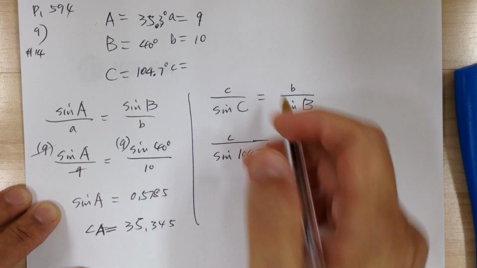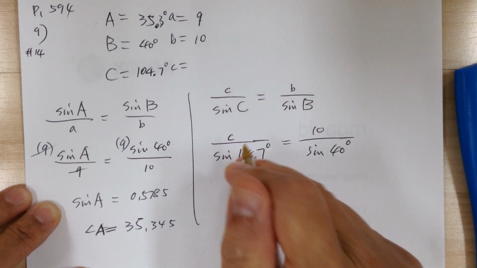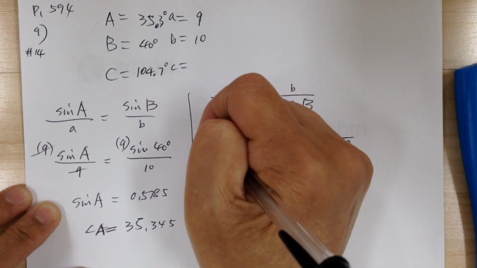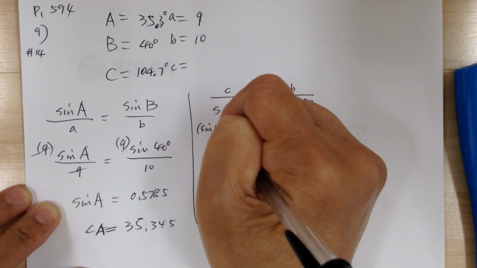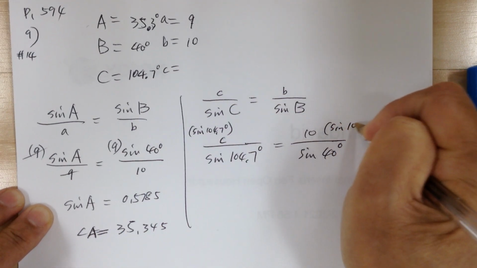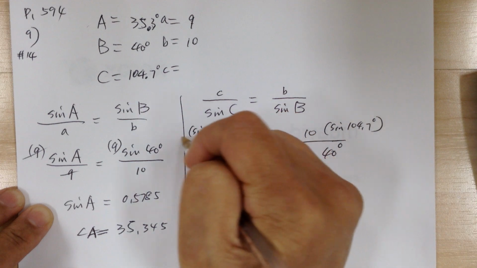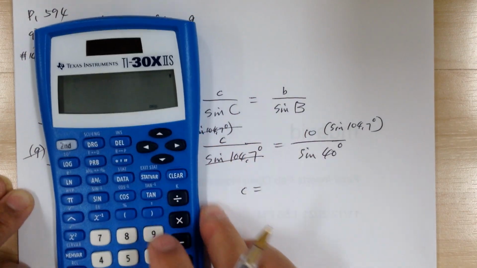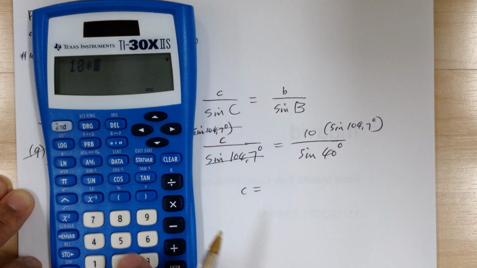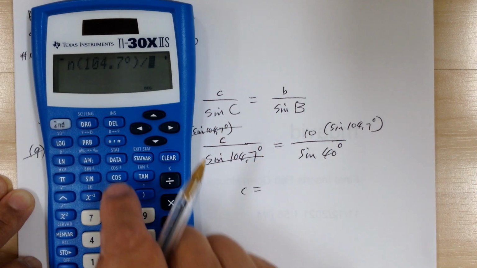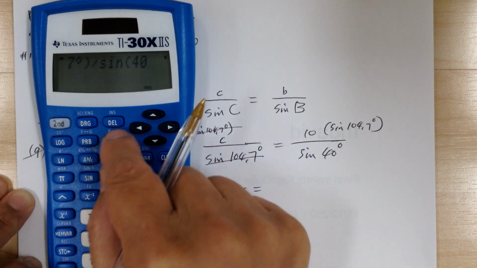I need to multiply the denominator to get rid of that, so multiply by sine of 104.7 degrees. This will cancel out with this. So C equal to, get a calculator. You get 10 times sine of 104.7 degrees divided by sine of 40 degrees.